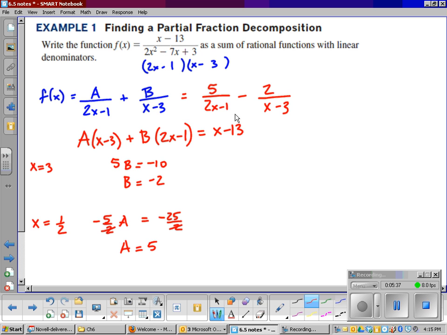And 5 over 2x minus 1 minus 2 over x minus 3 is exactly the same as this single fraction up here. And now if I wanted to integrate, I could integrate term by term, and then I could just use a little u substitution on this one and on that one, and I could find the antiderivative. We're not going to do that in this example, but that's what partial fraction decomposition does for you.